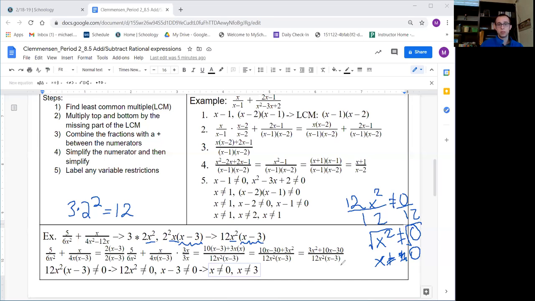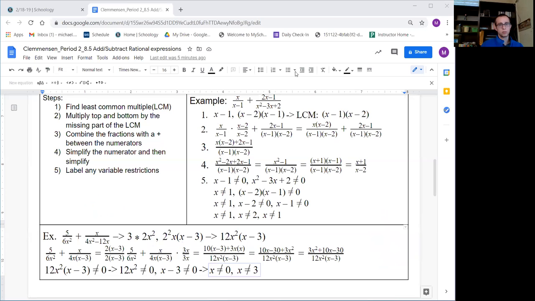Do you know why I put it in this order instead of leaving it like this? Do you understand how I got these two as my answer? Any of those questions? All right, let's move on.